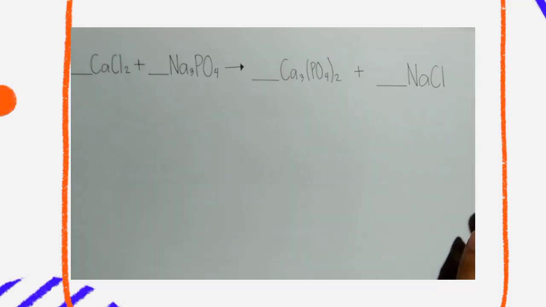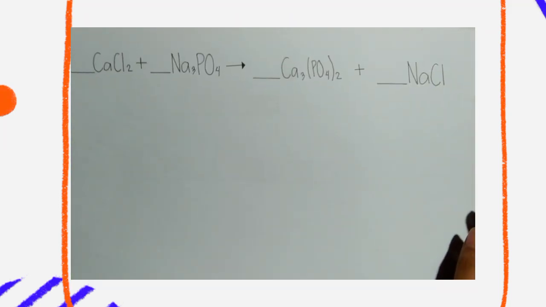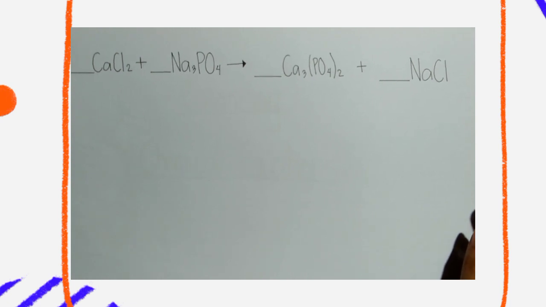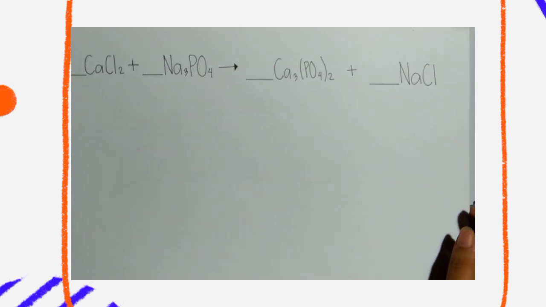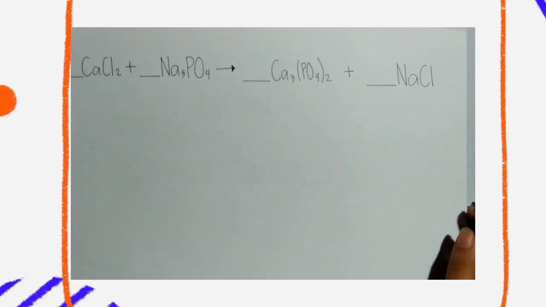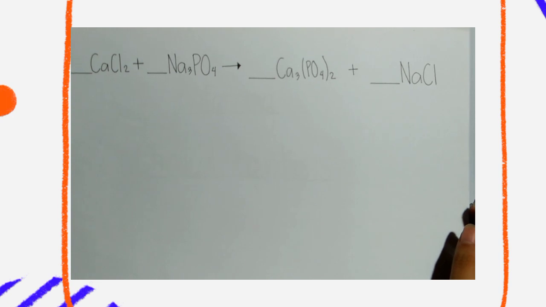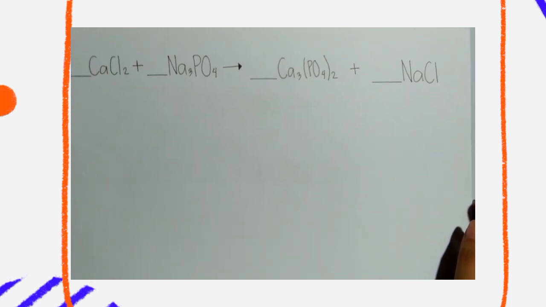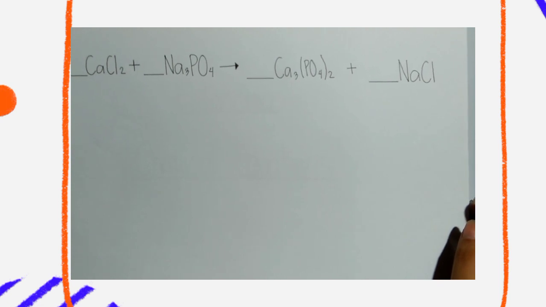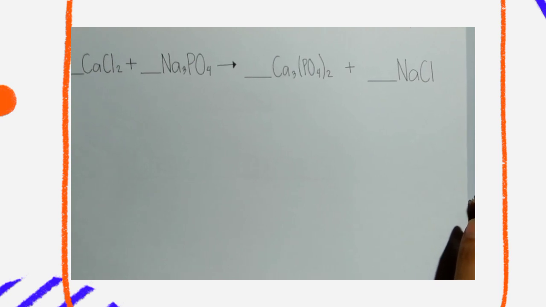In balancing this sample chemical equation, we are going to use the trial and error method. Trial and error is a fundamental method of problem solving. It is characterized by repeated or varied attempts which are continued until success or until the person stops trying.